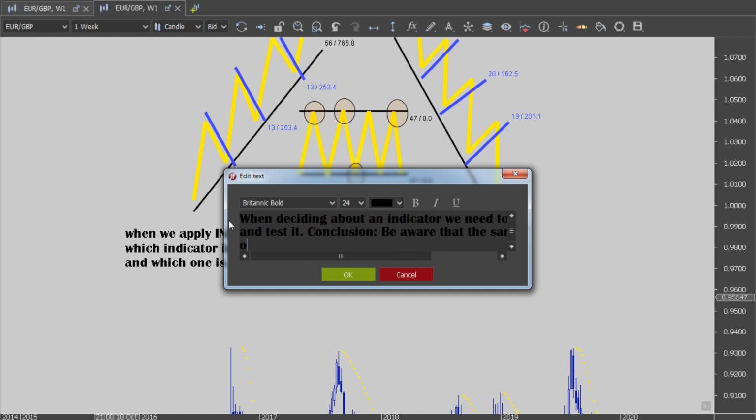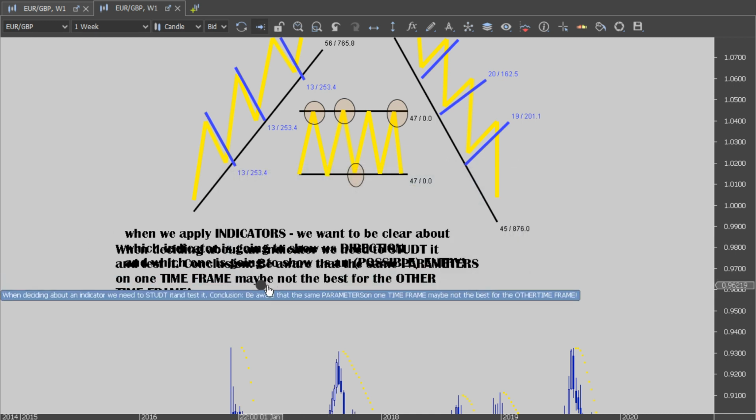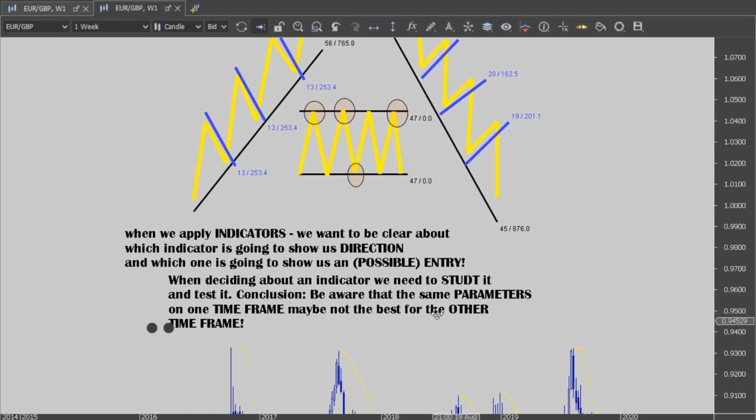Now, conclusion, be aware that the same parameters on one time frame may not be the best for the other time frame. Okay? Now, what does this mean?